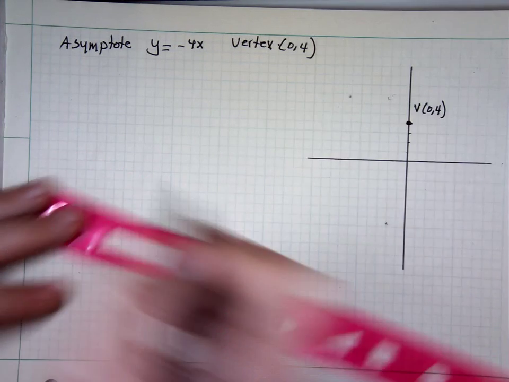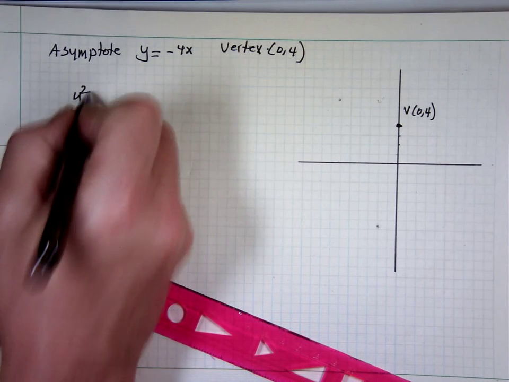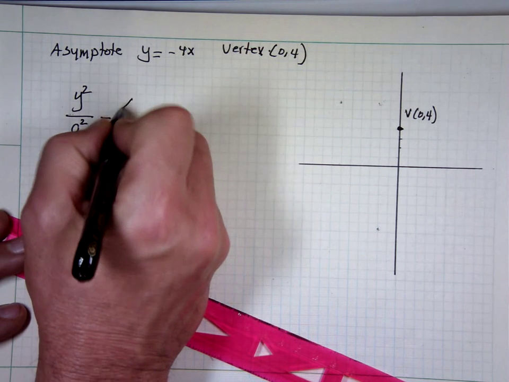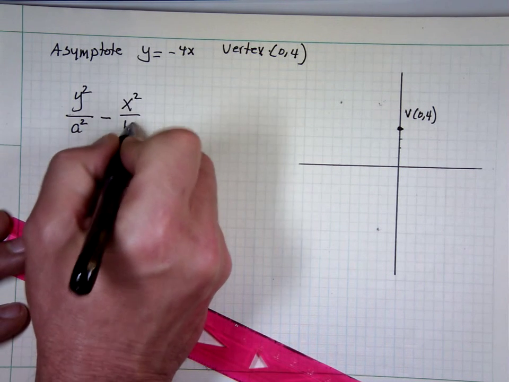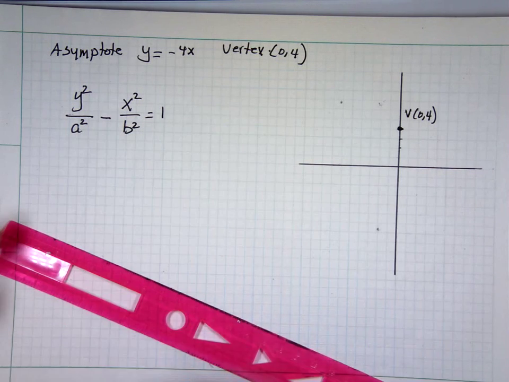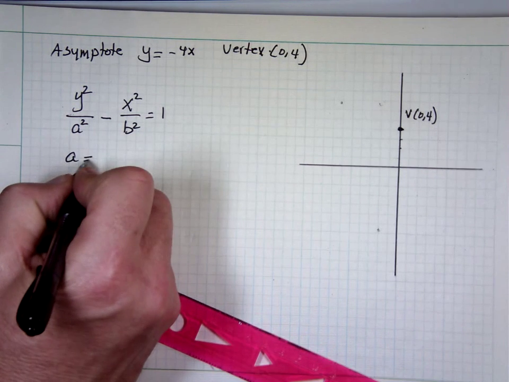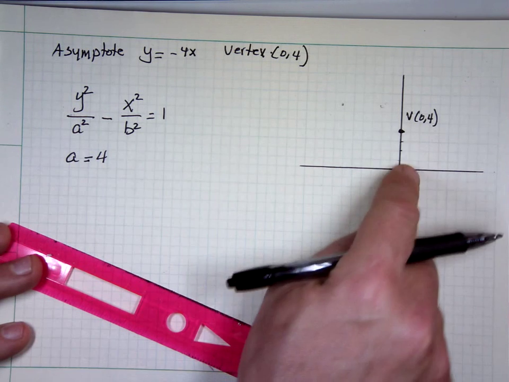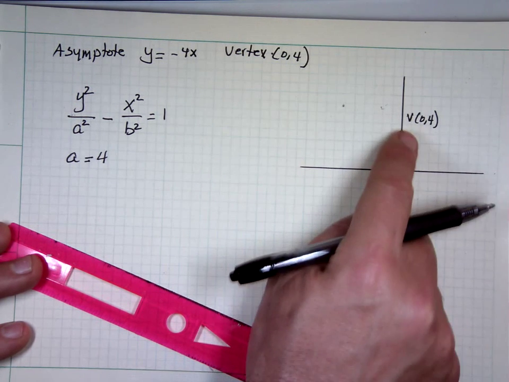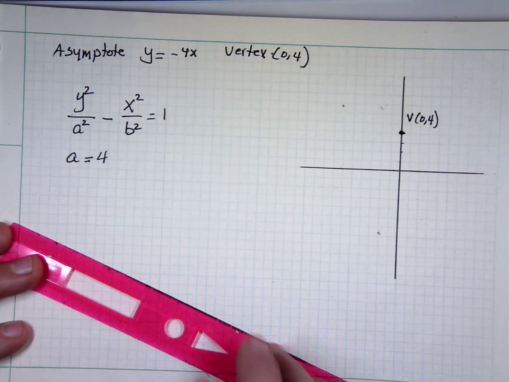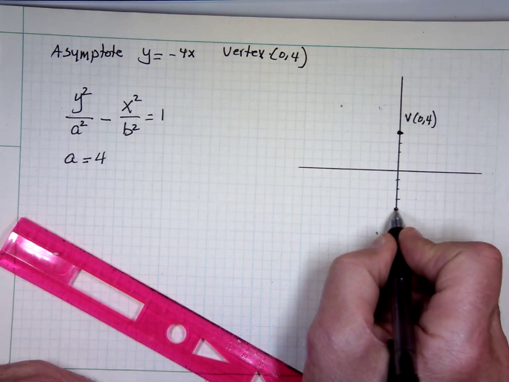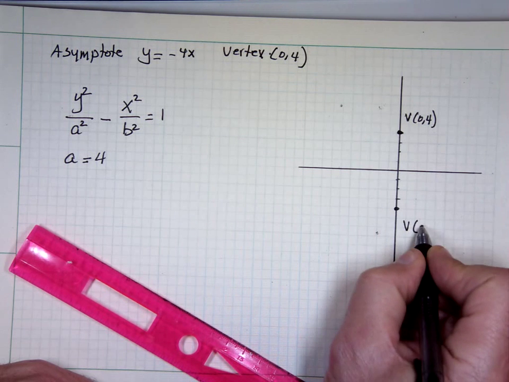So I know it's y squared over a squared minus x squared over b squared is equal to 1. Do I know what a is? A equals what? 4. That's the distance to the vertex. That's A. That's the other vertex.